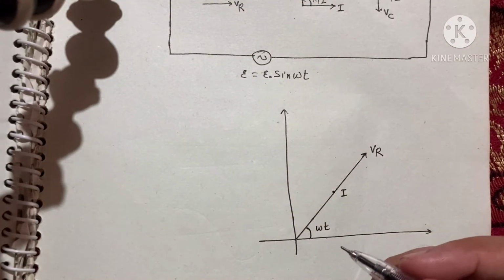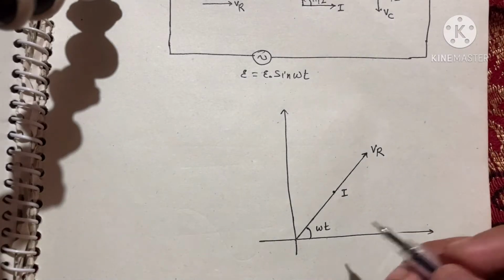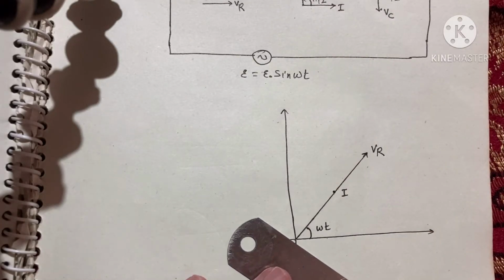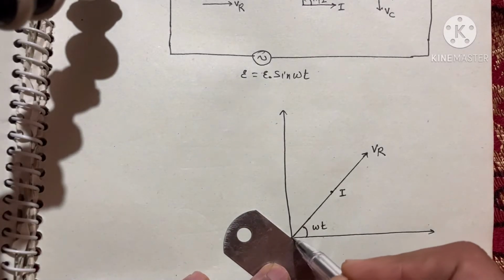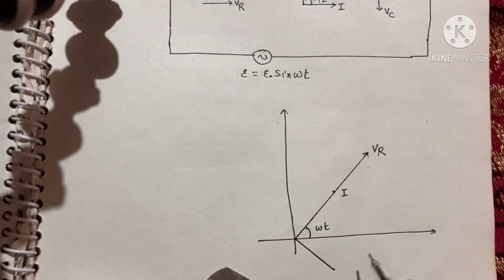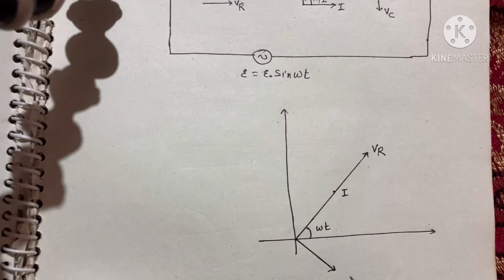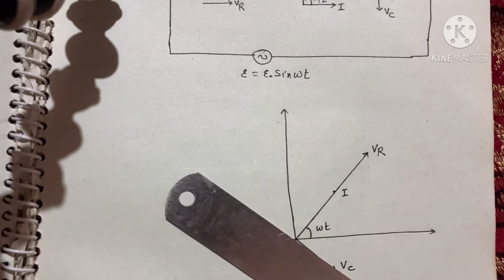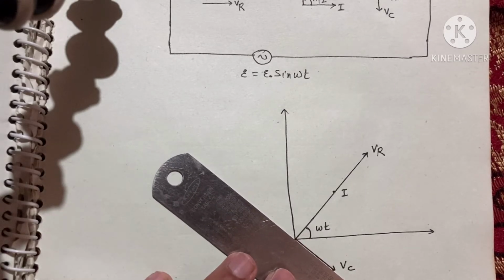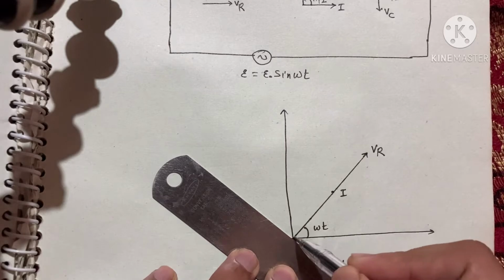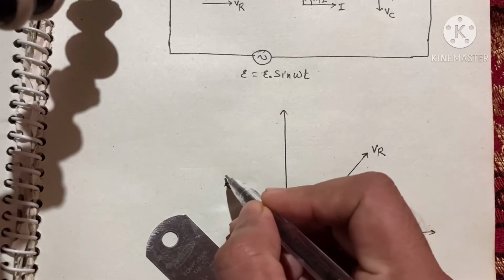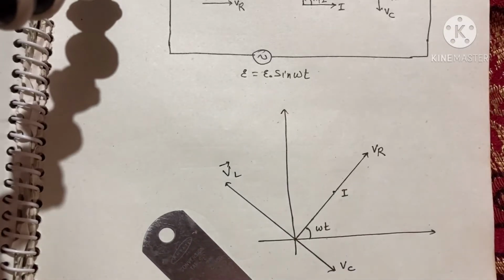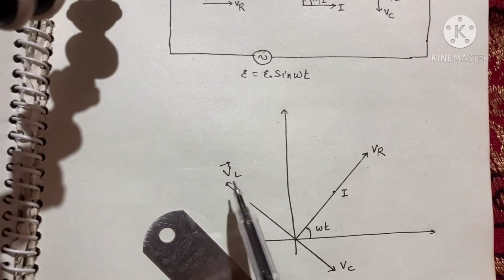Now in the case of the capacitor, the voltage will be lagging, so you have to draw it here by pi by 2. This is your VC. In the case of the inductor, it is leading the current, so this will be the leading case. This is VL. Here we have to make one assumption, that the voltage across the inductor is greater than VC.